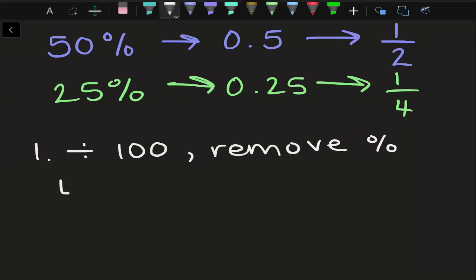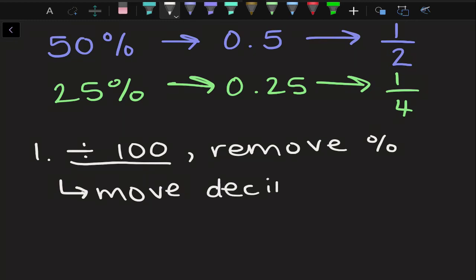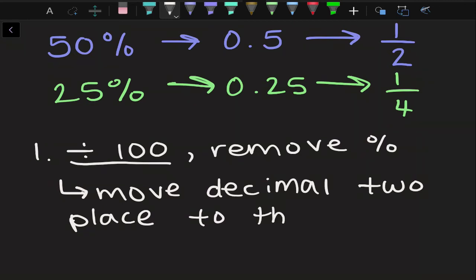Now, a sub piece under this rule is that an easy way to divide by 100 is to move the decimal 2 places to the left instead of the right. So when we went from decimal to percent, we moved to the right, but when we move from percent to decimal, we move 2 to the left. Okay?